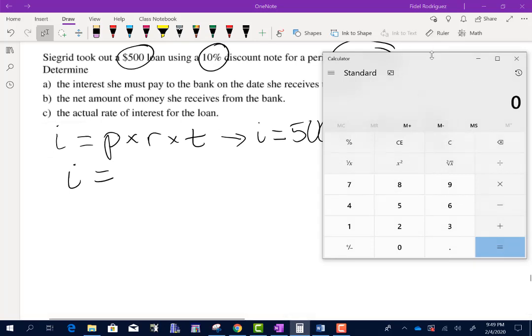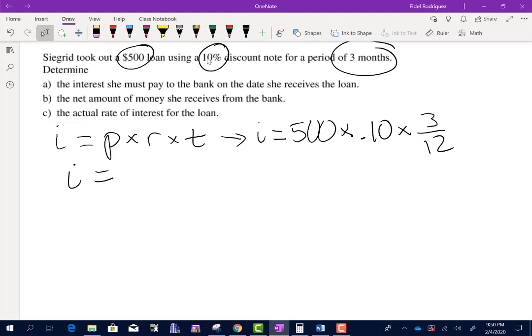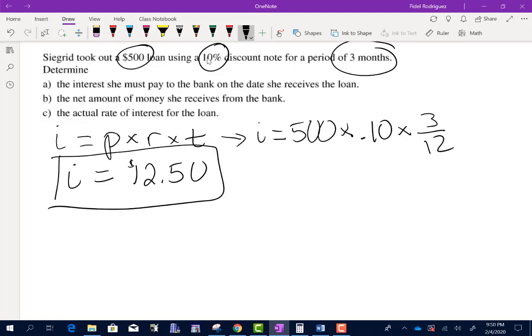So we need 500 times 0.10 times 3 divided by 12 equals 12.5. That means $12.50. So in order to get that $500, she actually has to pay him the $12.50 at the beginning. That's my answer for Part A.